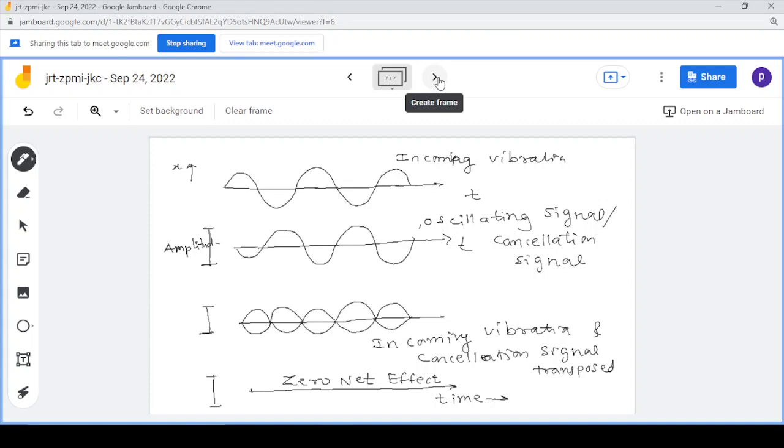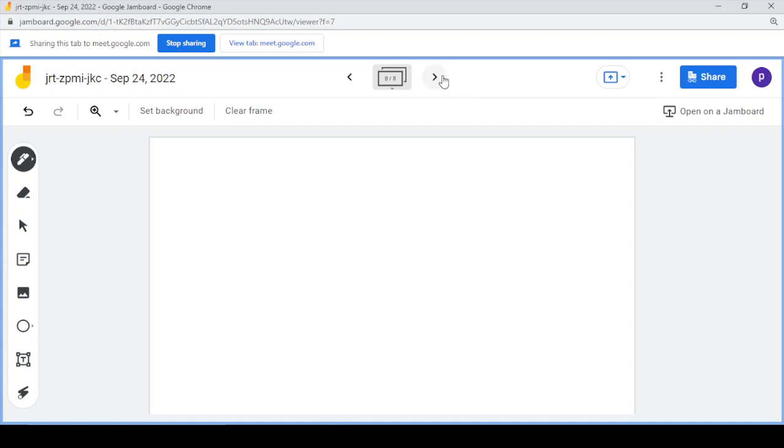Now let us understand how to find out the nature of the incoming vibrations. To know the nature of the incoming vibration, we need the help of sensors.